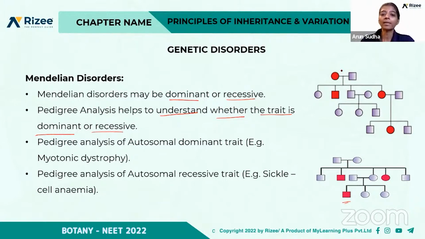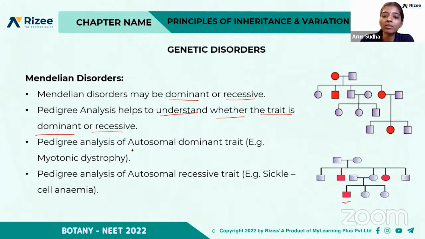Okay. So an example of pedigree analysis of an autosomal dominant trait is myotonic dystrophy, which is a form of muscular dystrophy. And the pedigree analysis of an autosomal recessive trait is sickle cell anemia. So this is an example of an autosomal recessive trait, and the other is an example of an autosomal dominant trait.